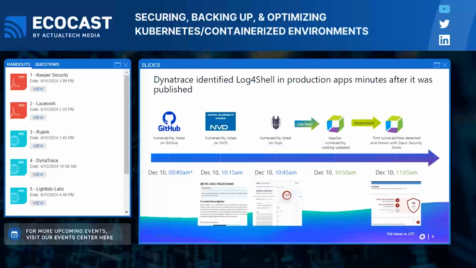Small little exploit that happened a few years ago, right? When Log4Shell hit, it was a 0-day exploit that nobody was ready for. Right? And leveraging Dynatrace, because we are using application runtime instrumentation, you can see here is a timeline of events of when we started to notify end users, right?